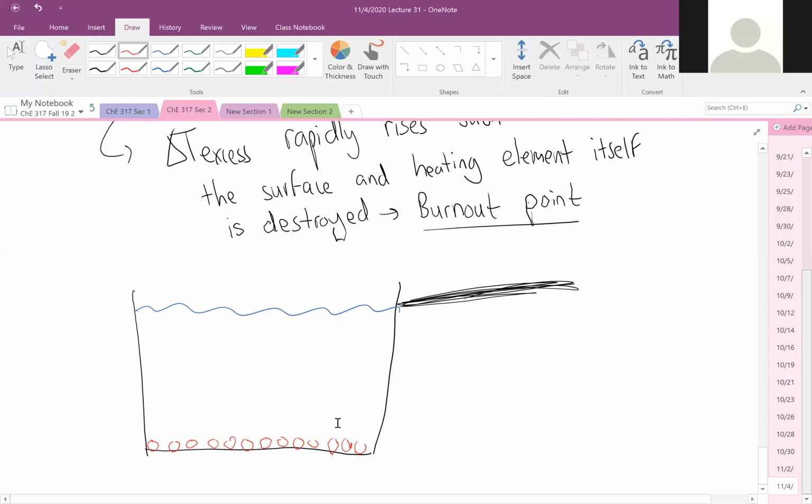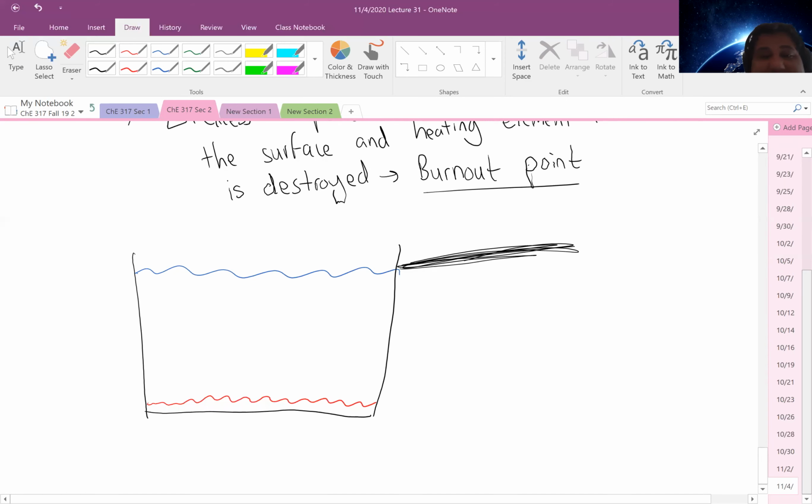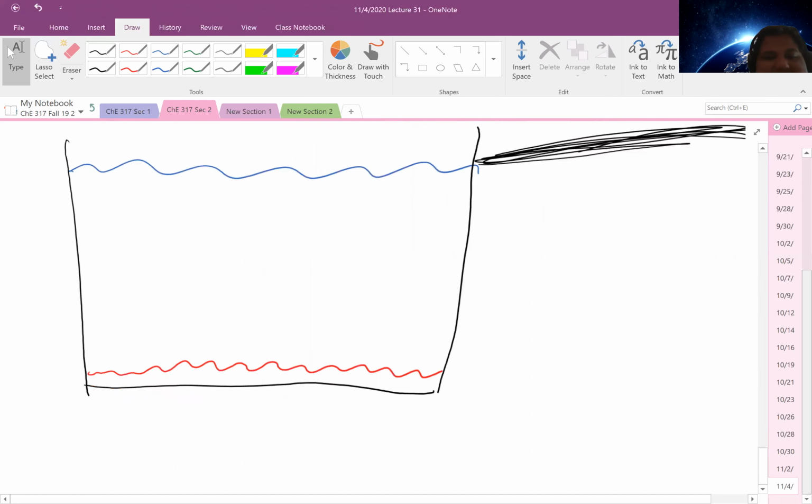As the surface gets hotter, those bubbles become more and more numerous, such that there comes a point where what's at the surface of that liquid fluid interface is no longer liquid. What we get is essentially an entire interface that is entirely vapor.